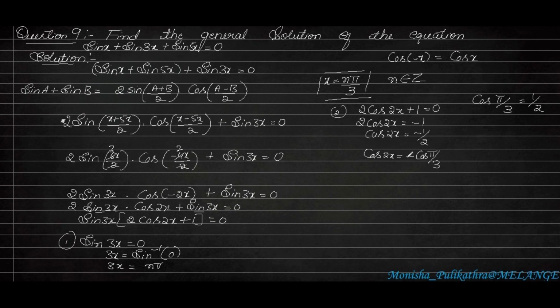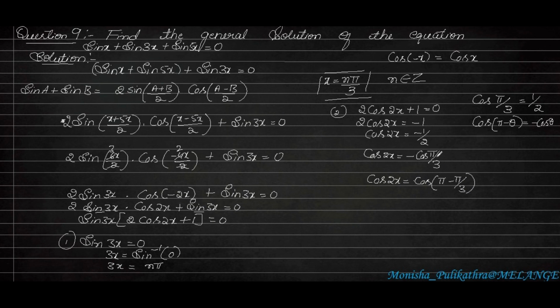But we can't include this without a formula. So for that we have a formula, that is cos(pi minus theta) is always equal to minus cos theta. So this can be written in the form of cos 2x is equal to cos(pi minus pi by 3).